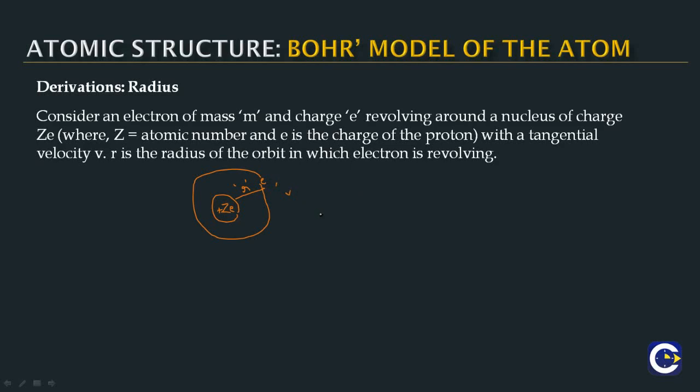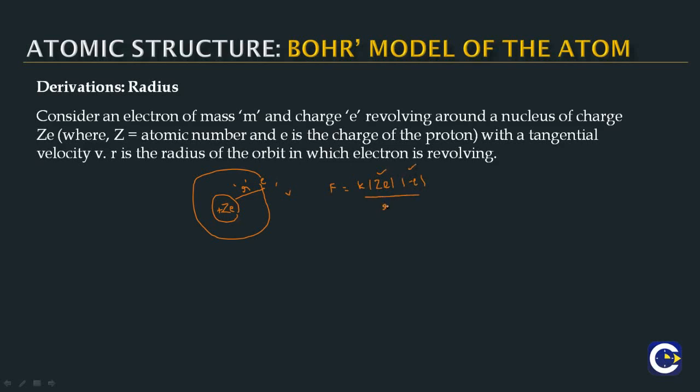Now we'll take a look at the derivation for the radius of the orbit. As per the electrostatic force law, the force acting on the electron will be equal to k into modulus of Ze into modulus of minus e, divided by r square. So here the nucleus will be positive, Z times e, and the electron will be negative, minus e.